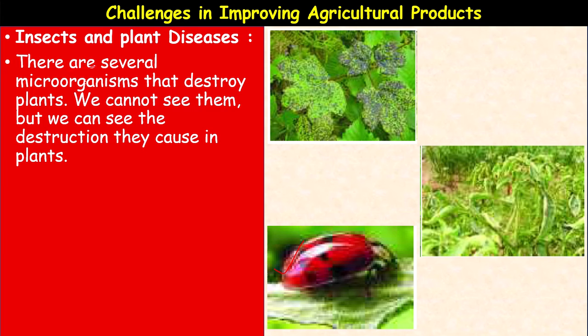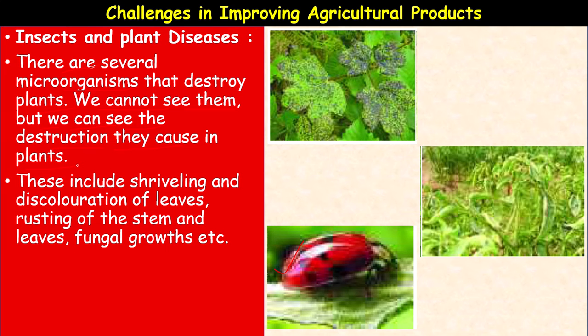So, there are several microorganisms that destroy plants. We cannot see them, but we can see the destruction they cause in plants. For example, the fungi will be there in the form of spores, they attack, okay, the color change in the leaves, and the loss of chlorophyll, leaf curling, like that the different effects they show.